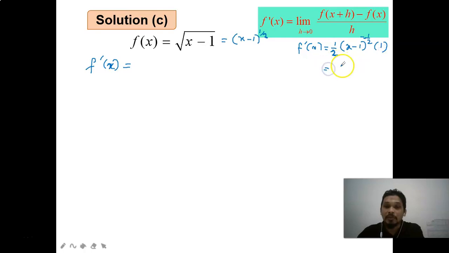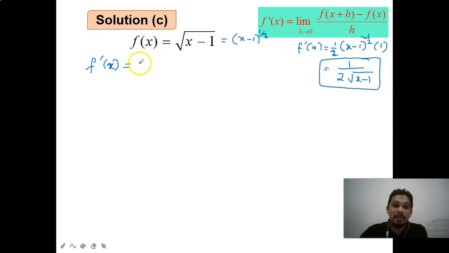Then it is equal to 1 over 2 x minus 1 to the power of negative half, then comes up with 1 over 2 square root of x minus 1. Okay, so this is our reference, and we must get this final answer in our solution.